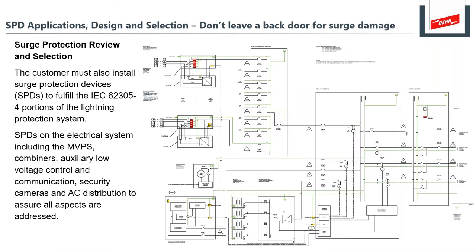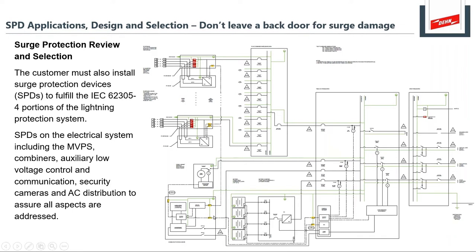So let's look at the application and design and selection. This is a nice illustration of a schematic for a solar power generation plant where we have the actual panels that deliver DC power. Then we have converters, inverters. You have extensive interconnection AC power plant. You also have extensive I/O control areas. You have power over Ethernet controllers. You have power over Ethernet cameras.